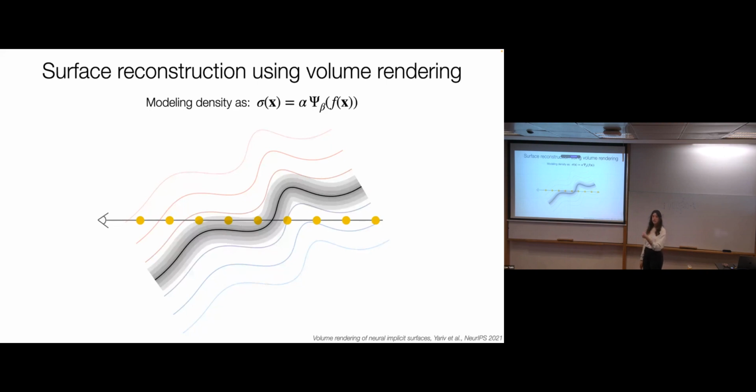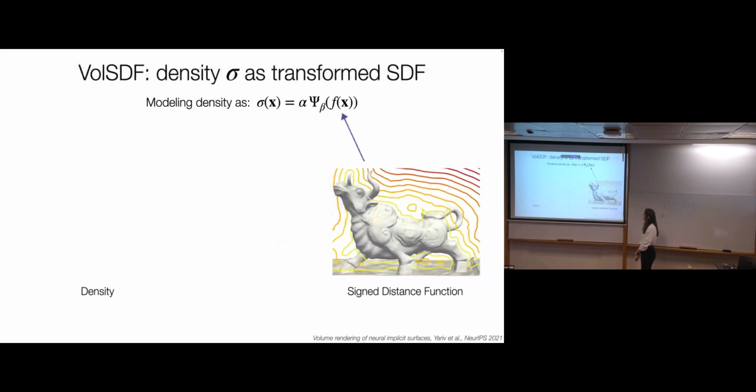We're going to choose a specific family of densities that we're going to optimize for.